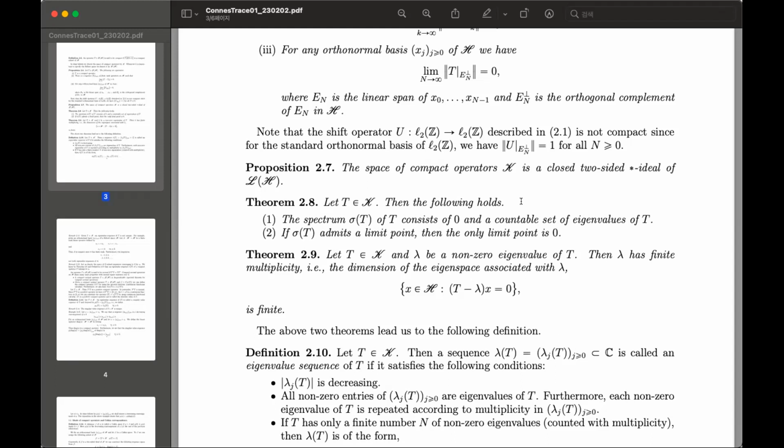And here the product is given by the composition of the linear operators on the given Hilbert space H. So that's why we do not have commutativity any longer in such a context. So yes, this is a non-commutative subalgebra of this algebra. Because we are dealing with linear operators, we cannot expect them to commute in general.